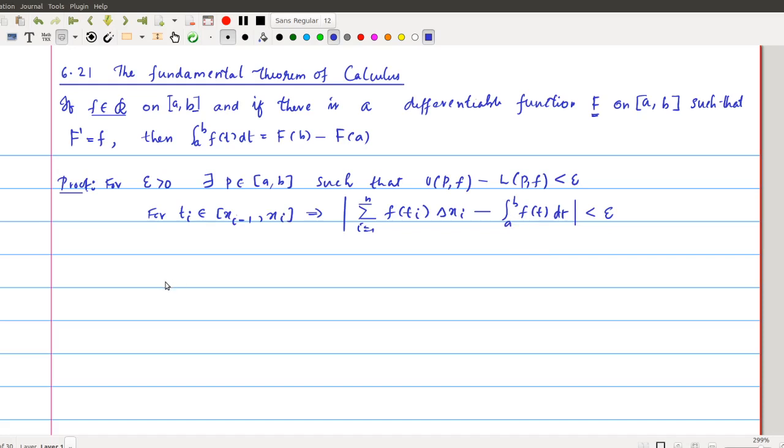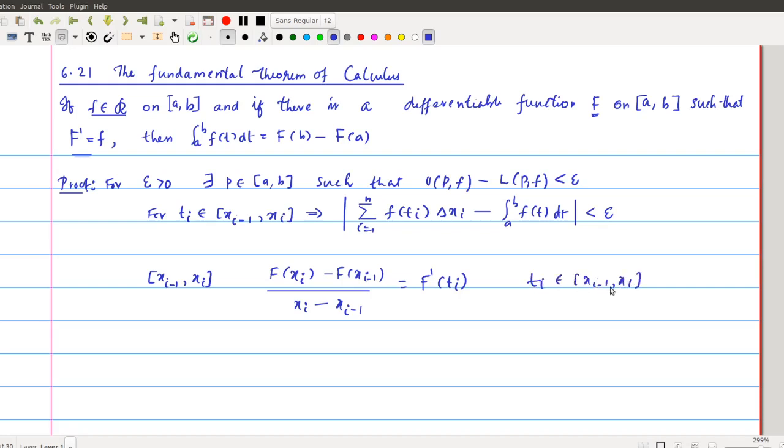Now we consider these two theorems and apply them to this capital F'. We know that capital F is differentiable. If we consider any subinterval [xi minus 1, xi], then we can write F(xi) minus F(xi minus 1), divided by delta xi, equals F'(ti) for some ti in the closed interval [xi minus 1, xi].